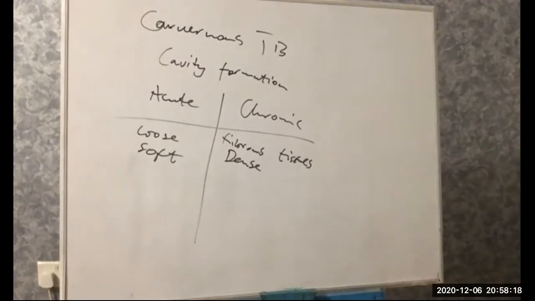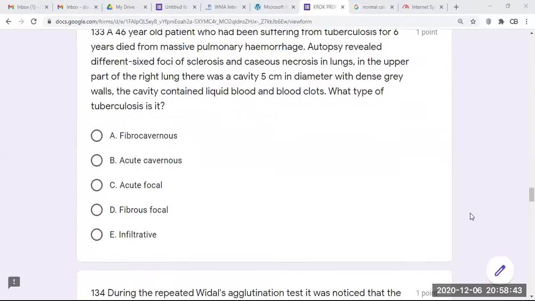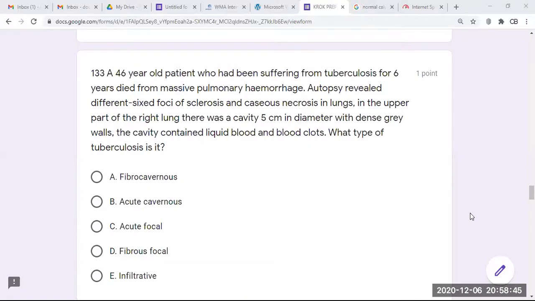Please clear the question. So the answer is going to go at fibrocavernous. So normally the chronic one can also be called fibrocavernous, okay?